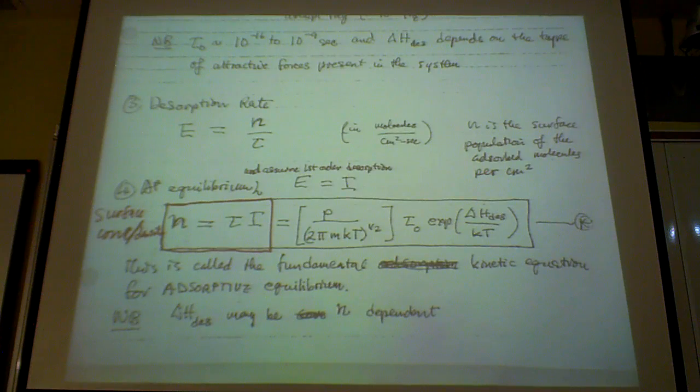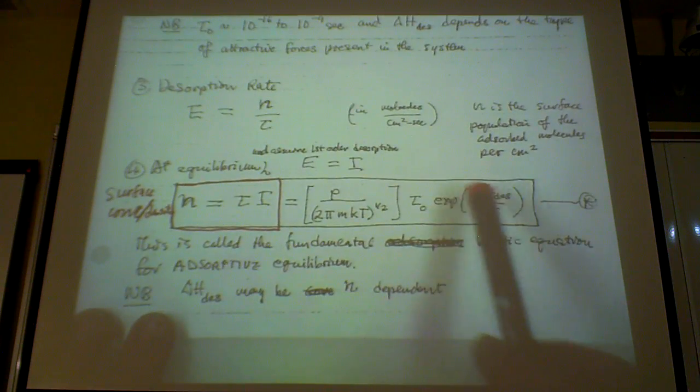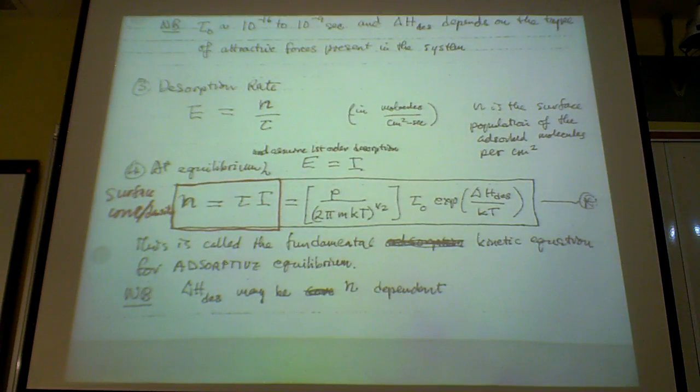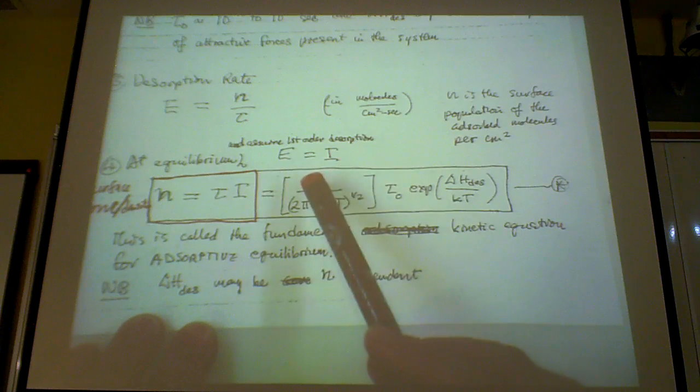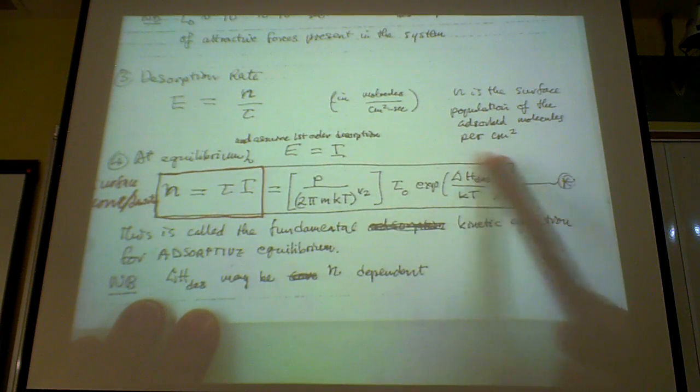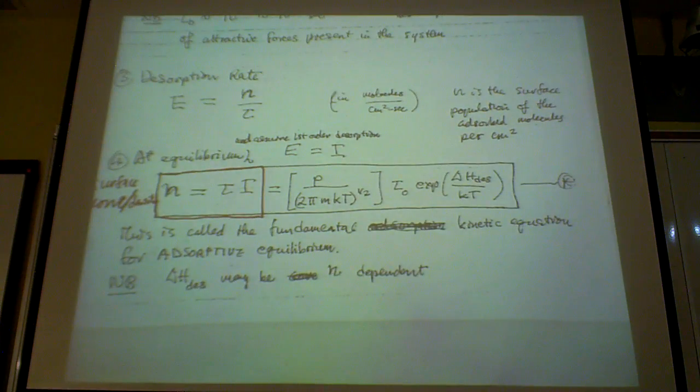Okay, so ignoring all the derivation, we can see the physics and the chemistry involved: surface concentration proportional to pressure and proportional to e to the ΔE desorption. That's the basic concept that we have.